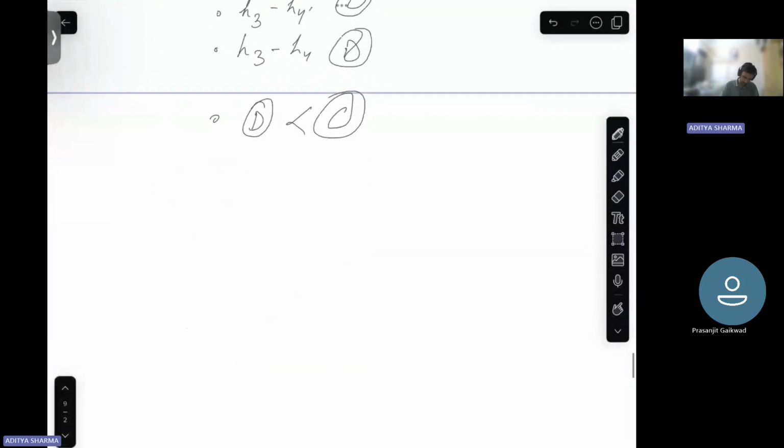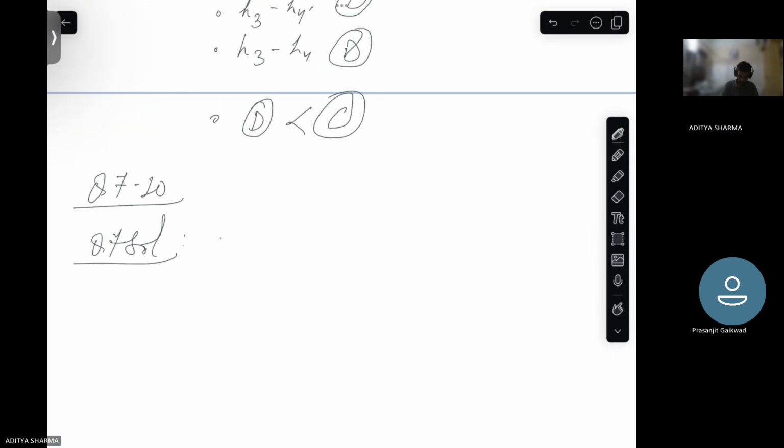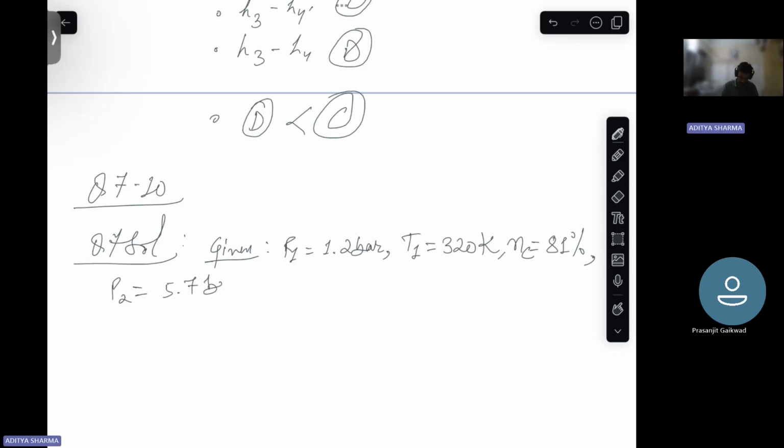Question number 7, from this series. Given is P1 is 1.2 bar. T1 is 320 Kelvin. Eta compressor is 81%. P2 is 5.7 bar.